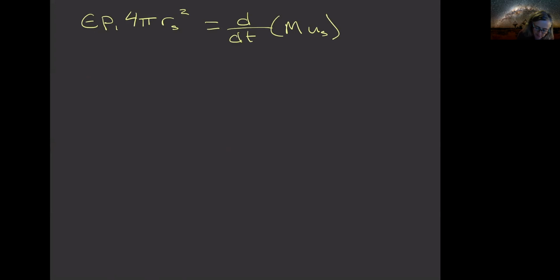Well, we can say that epsilon P1 times 4 pi rs squared, so the pressure over some area, should balance out some mass times the shock speed, and that one is the rate of change of momentum.